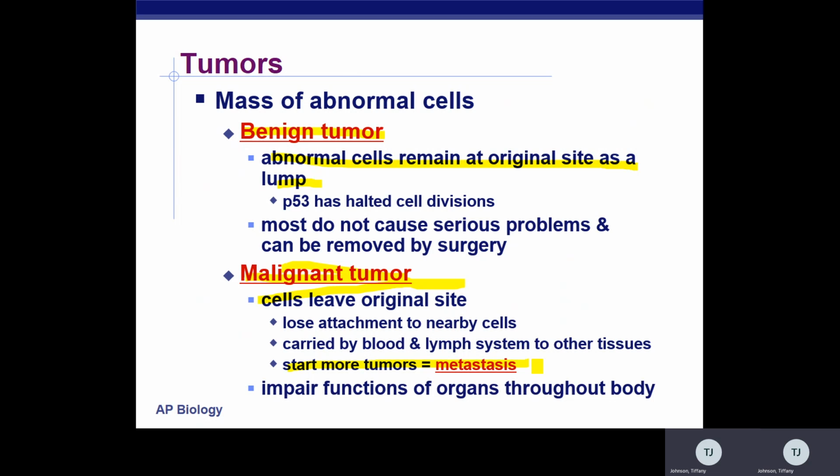And so if you ever wondered why people die of breast cancer, how can you die of breast cancer? It's because those cancer cells will leave the breast tissue and go someplace else. Does that kind of make sense?